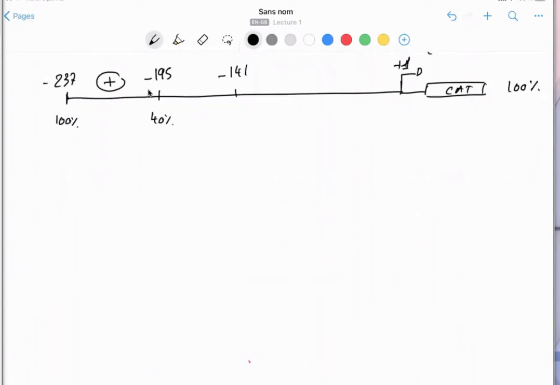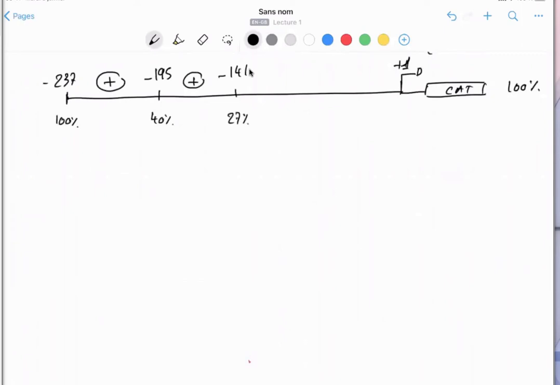If we remove the sequence from 195 to 141, we drop again. Do you all see that? Yes. Okay, so what can we say? We can say here also there is a sequence that is important for strong activity. Okay, this is the only thing that we can say for now. Then, here we arrive at around 27%.